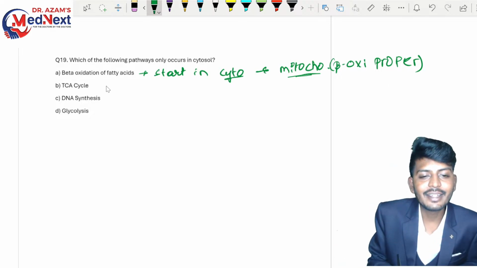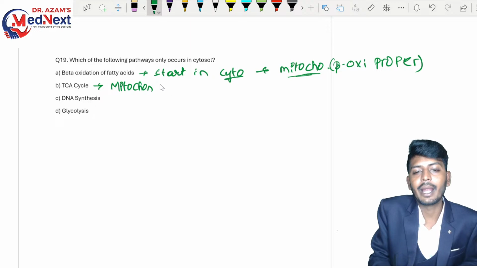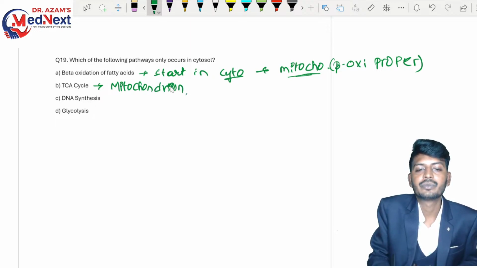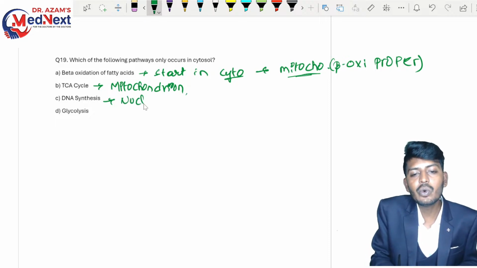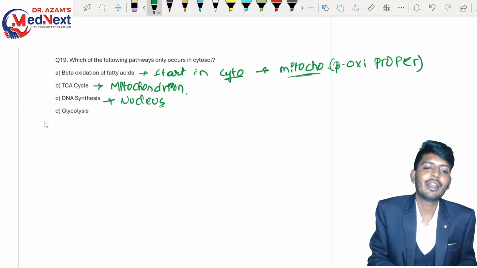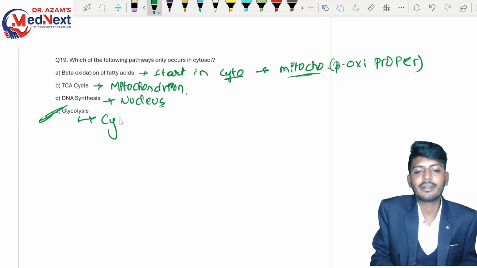The tricarboxylic acid cycle, also called the Krebs cycle, occurs completely in the mitochondrion. DNA synthesis happens in the nucleus, and you are left with glycolysis. Glycolysis occurs only in the cytoplasm.